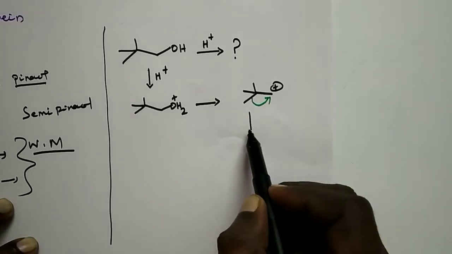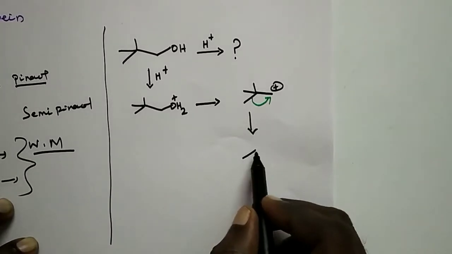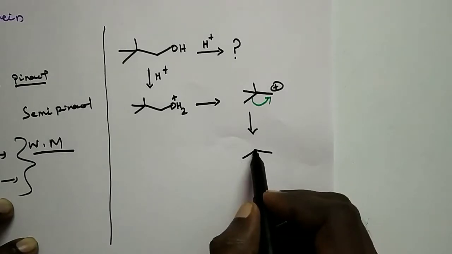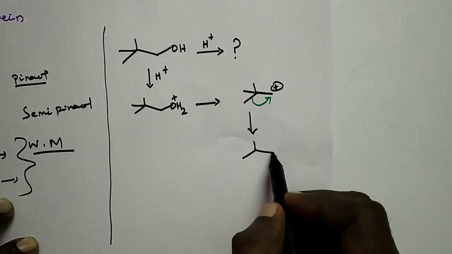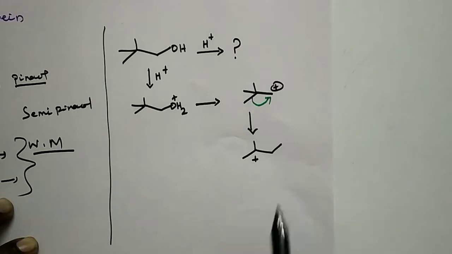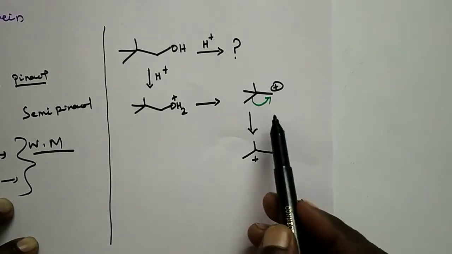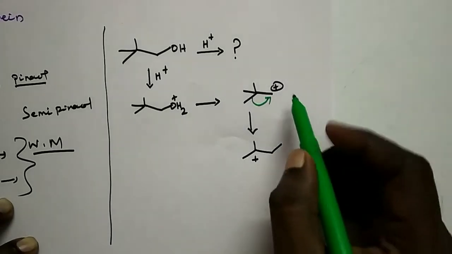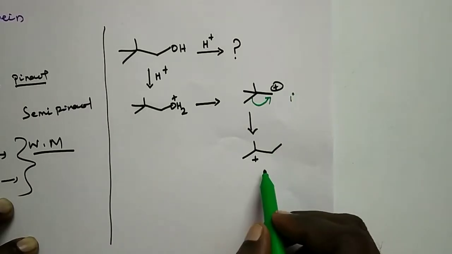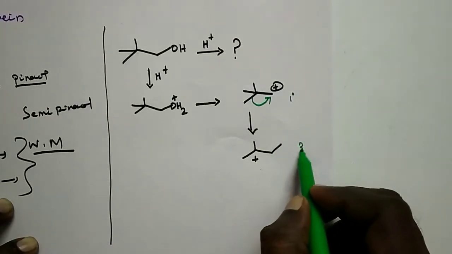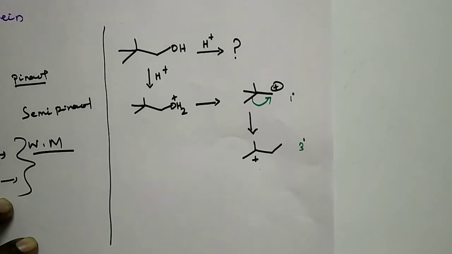So I will get, earlier it was a primary carbocation, here I get a tertiary cation. So this is stable now.